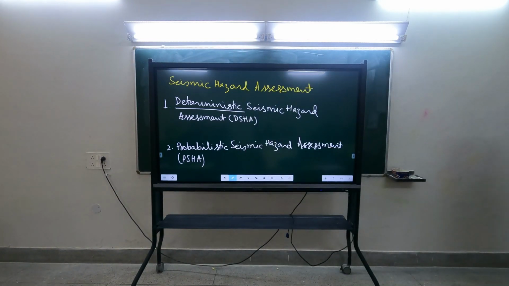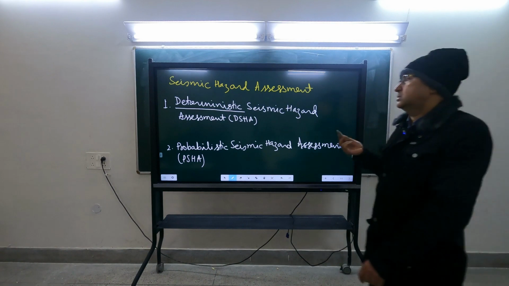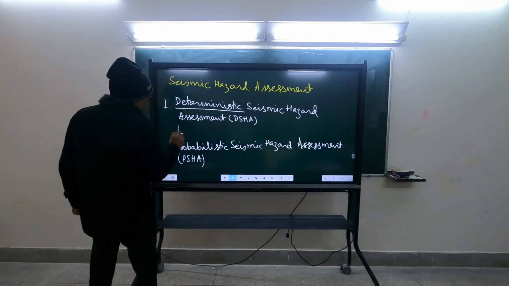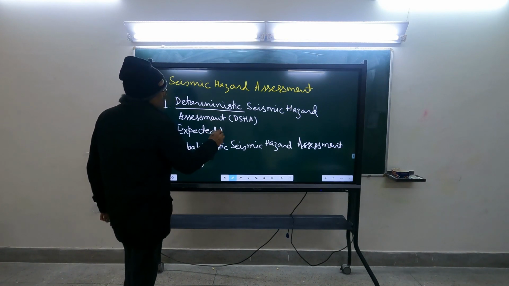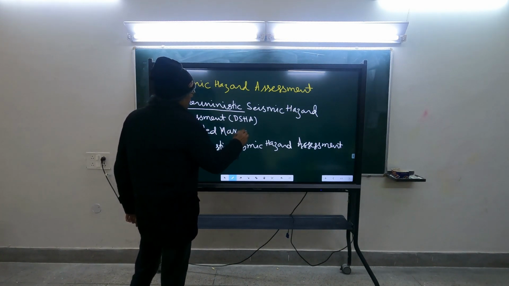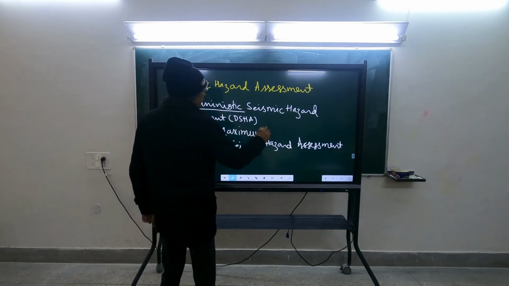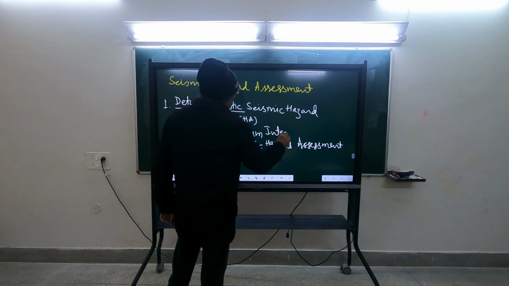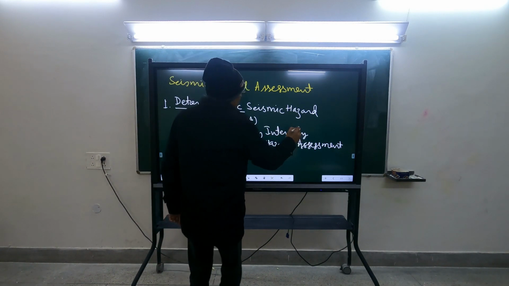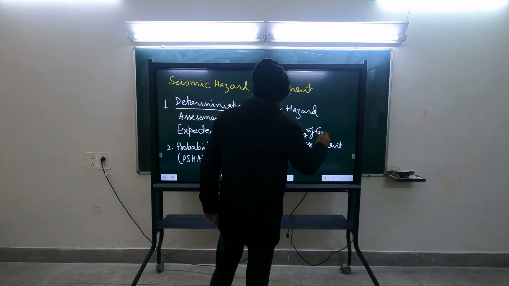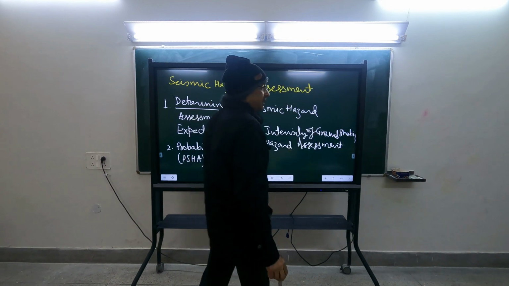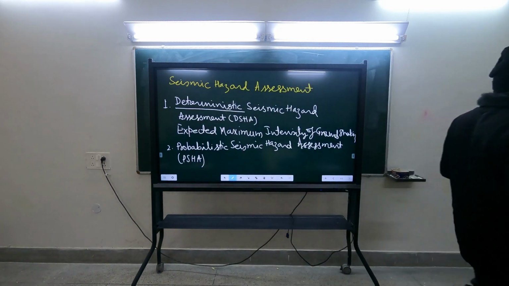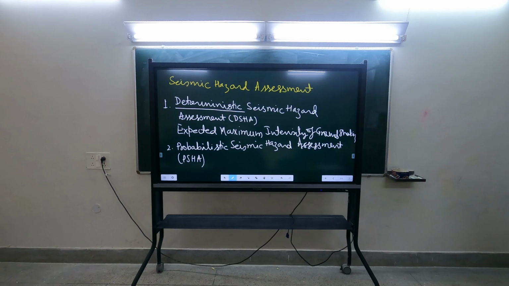And what is that one value? The expected maximum hazard or maximum intensity of ground shaking. Intensity can be represented by either PGA, which is actually EPGA.